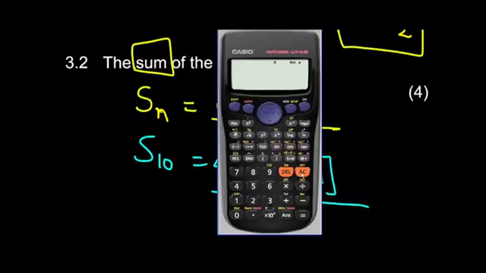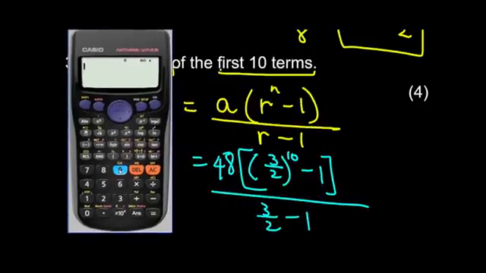We just clear that and get our equation over here. 96 multiplied by 3 over 2 to the power of 10, and we want to subtract 1.